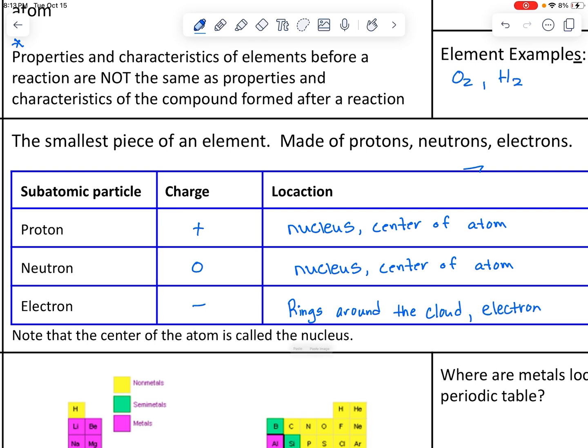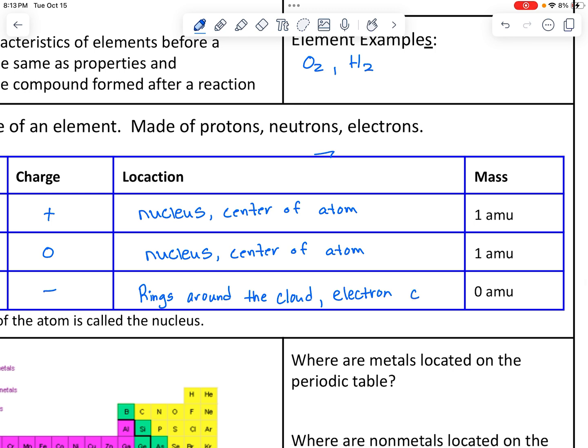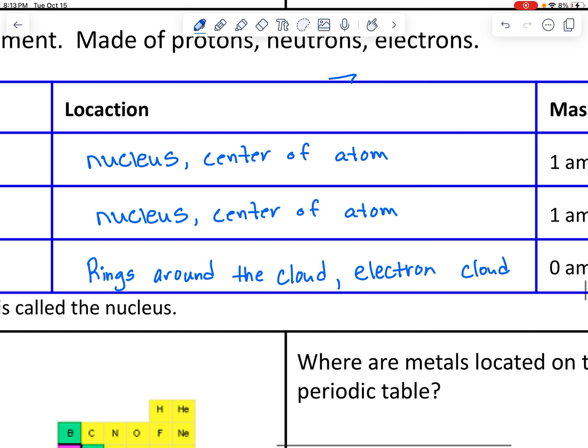I'm sure you've probably seen pictures of an atom, right? And it kind of looks like there's the nucleus, and then you've got rings going all kinds of different directions like that. That is actually not really correct, because that's very much like a solar system. It's known as the Bohr atom.